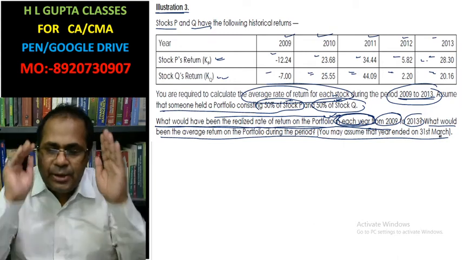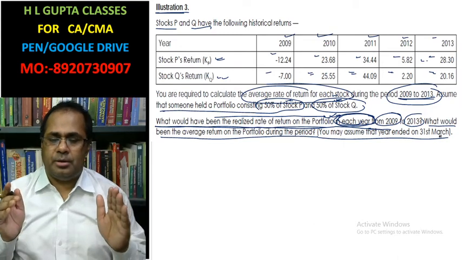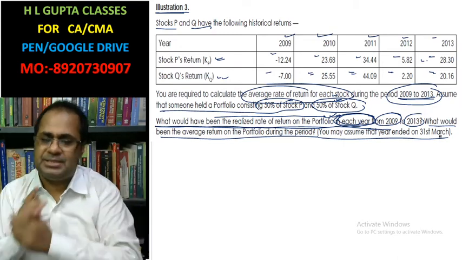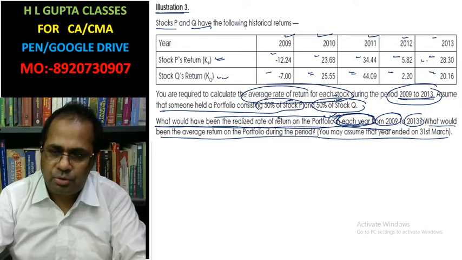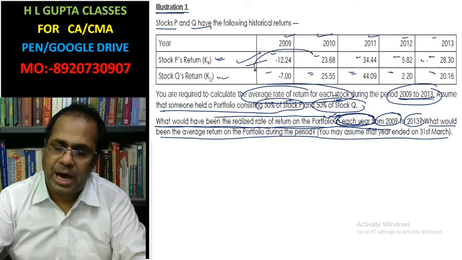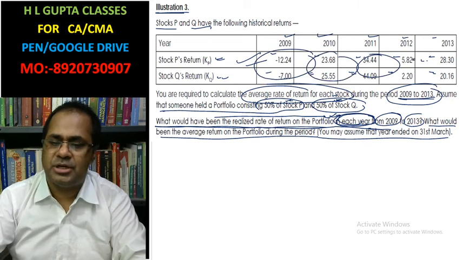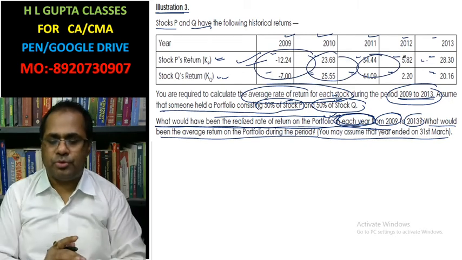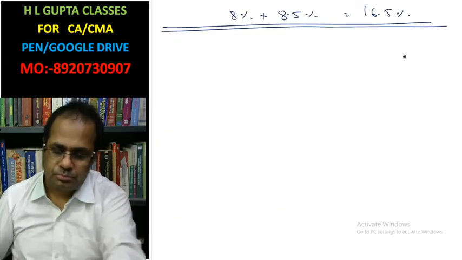In this case, you have to calculate the portfolio return of each year, but in the first part you calculated the portfolio return after calculating the average return. This is the difference. Okay, I'm going to solve the question here. Please see here.